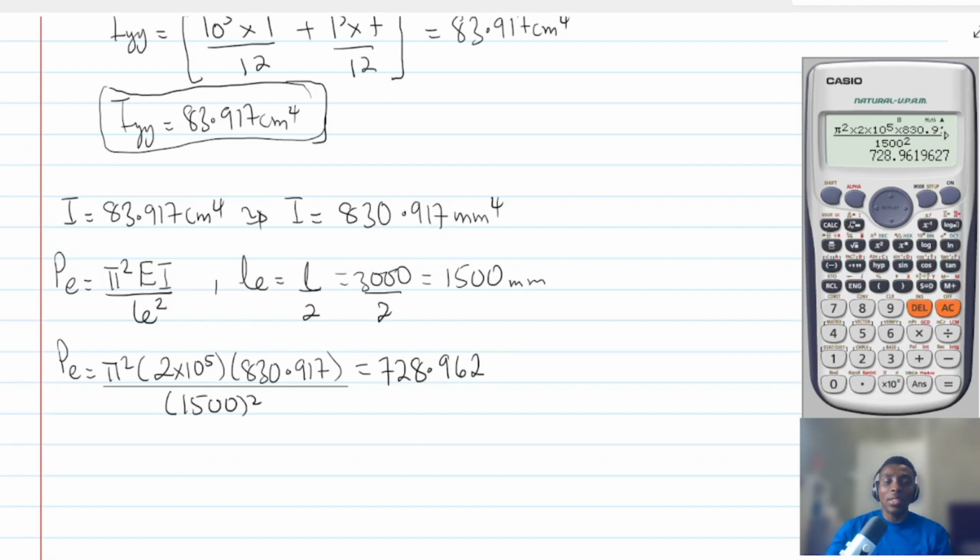And that's actually the Euler load in kilonewtons. So that is the Euler load for you.